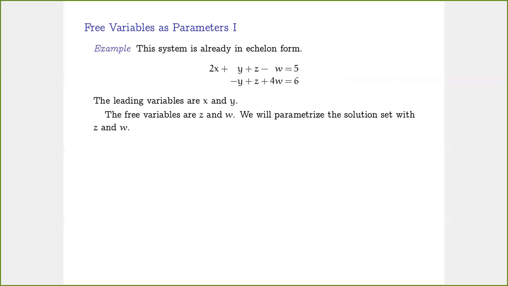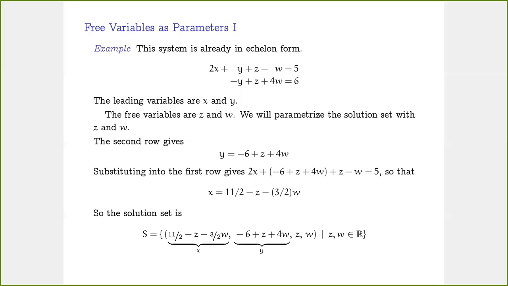This system is already in echelon form, and we can see that in the first row, x is a leading variable. In the second row, y is a leading variable. Those are the only leading variables, so z and w are free, and we're going to parameterize the solution set with z and w. We'll solve the second row for y, the leading variable, in terms of the free variables.